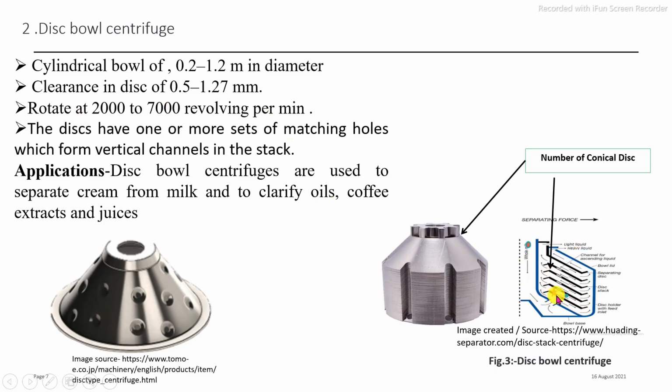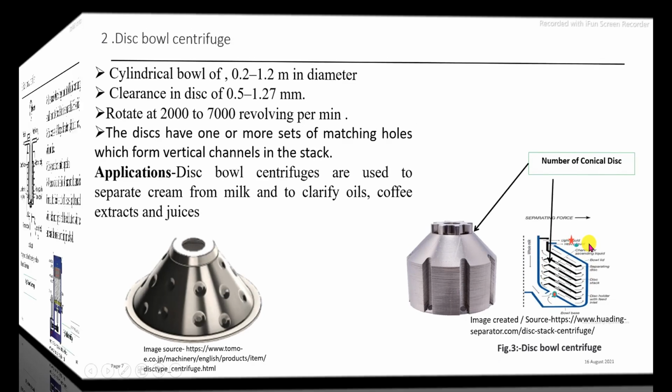After entering the rotating discs, the lighter liquid constituents move into the center and then to the outlet, and the heavy constituents move with the rotating bowl, and finally are discharged at the heavy liquid discharge outlet.